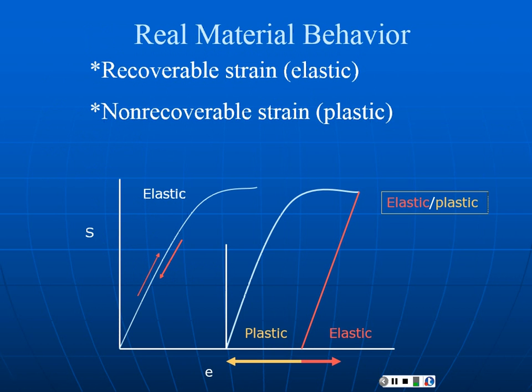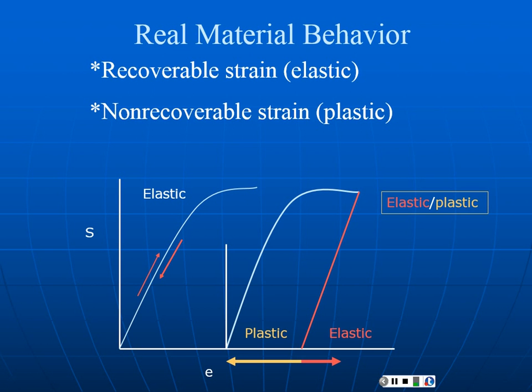Now, when we look at that stress-strain curve, the first thing we want to recognize is that there's really two components to the deformation that's going on. The stress-strain curve may be nonlinear, but if I can load the material up and then unload it, and when I unload, the strain goes all the way back to 0, then I have a perfectly elastic material.